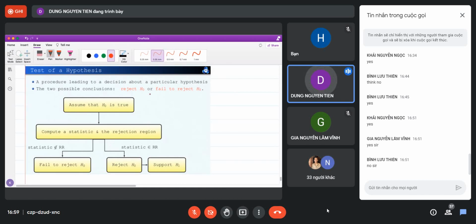You can reject the null hypothesis or you fail to reject the null hypothesis. At the beginning, we assume that the null hypothesis is true, and then you do something. This is an algorithm. With this algorithm, you can compute a statistic, which is a value. Be careful, you call it statistic.